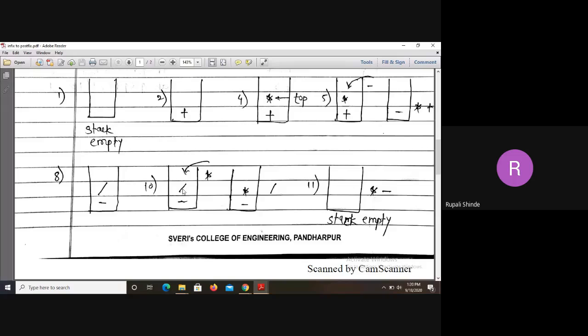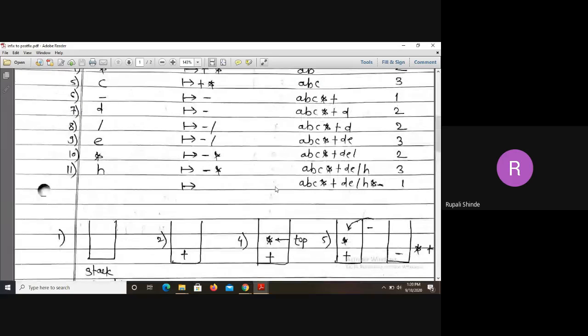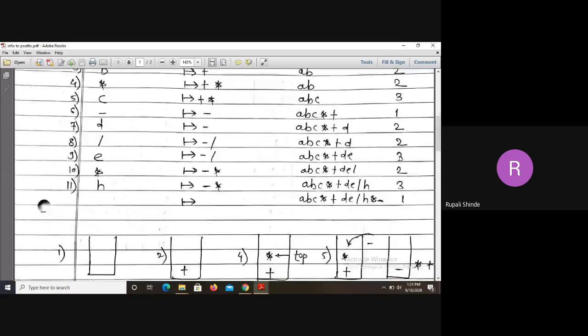We need to pop this division operator out of the stack and then only we can push this multiplication operator onto the stack. So your stack is containing minus and multiplication, and whatever operator we have popped, that is the division operator, we have to write into postfix form, and that we have written here. So again, the rank for this expression is 2.